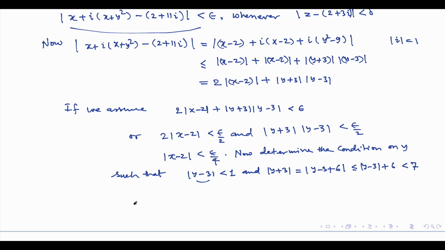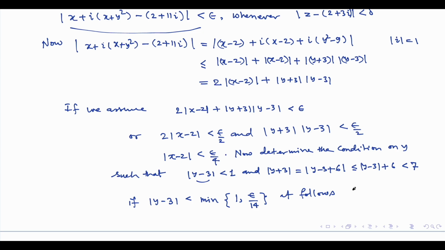Hence, if y minus 3 is less than the minimum of 1 comma epsilon by 14, if my y minus 3 is less than the minimum of these two, okay, so what am I going to get here?